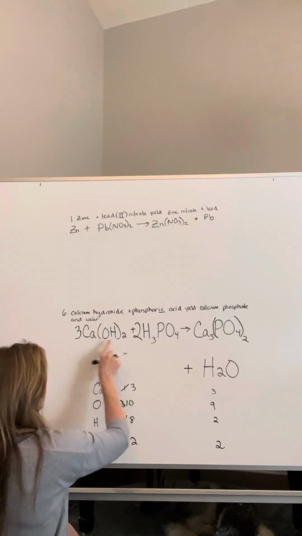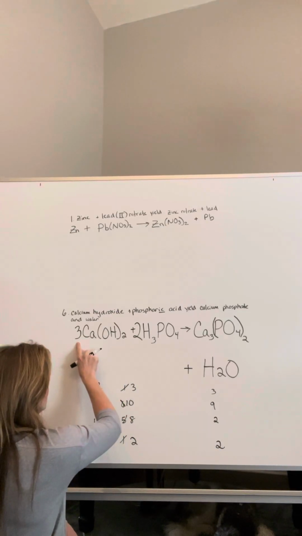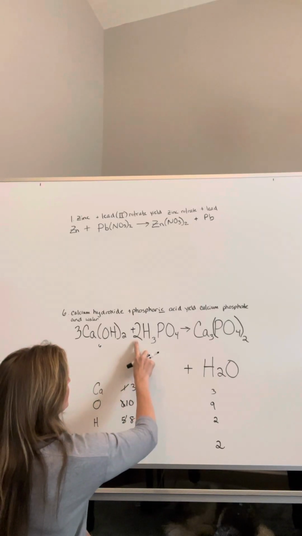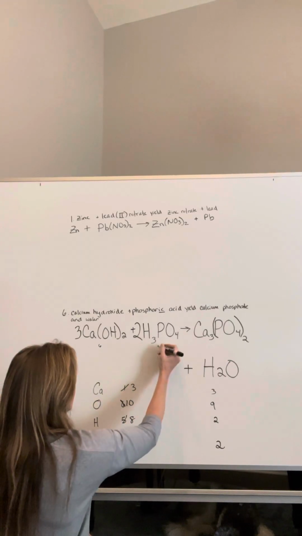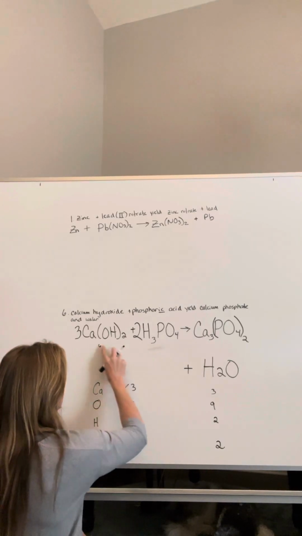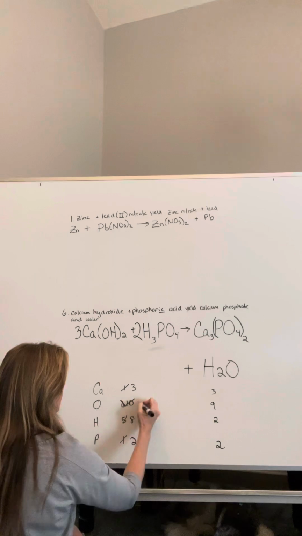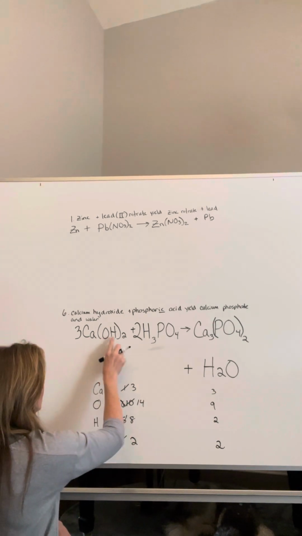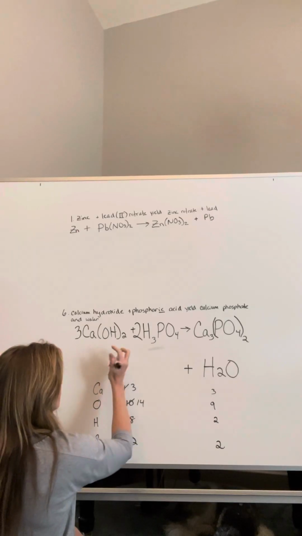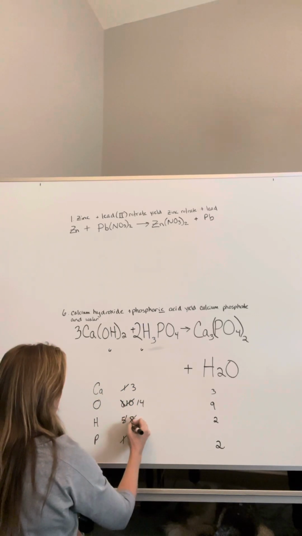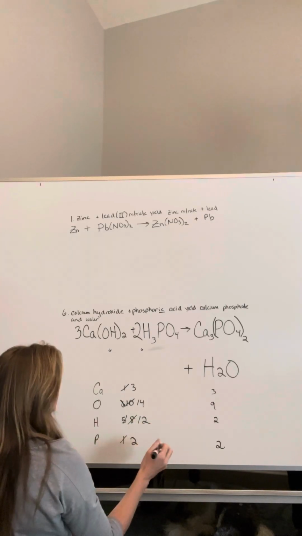I've got 2 of them here, so 3 times 2 is 6 oxygens over here. And over here, I have 2 times 4 is 8 oxygens. So 6 plus 8 is 14 oxygens now over here. It also changes my hydrogens. 3 times 2 is 6 hydrogens over here, and I have 6 hydrogens over here, which tells me I now have 12 hydrogens.